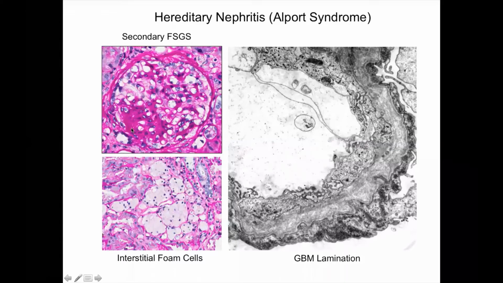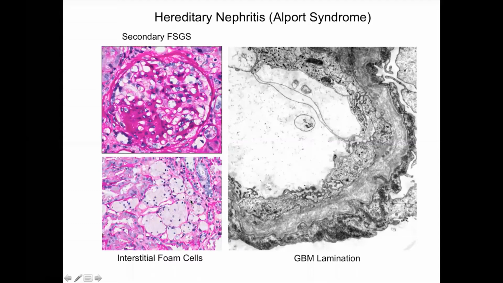As you know, this will cause injury to the podocytes. When we have injury to the podocytes over a prolonged time, we can get secondary FSGS, secondary focal segmental glomerular sclerosis.